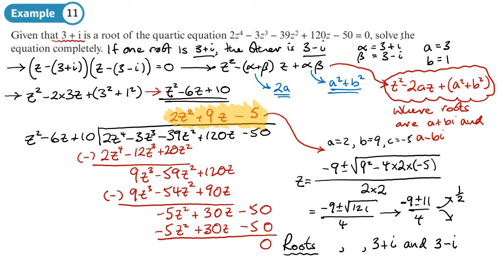And then if I do negative 9 minus 11, that's negative 20. Negative 20 divided by 4 is negative 5. So the correct roots should be a half, negative 5, 5 plus 3i, or 3 plus i and 3 minus i.